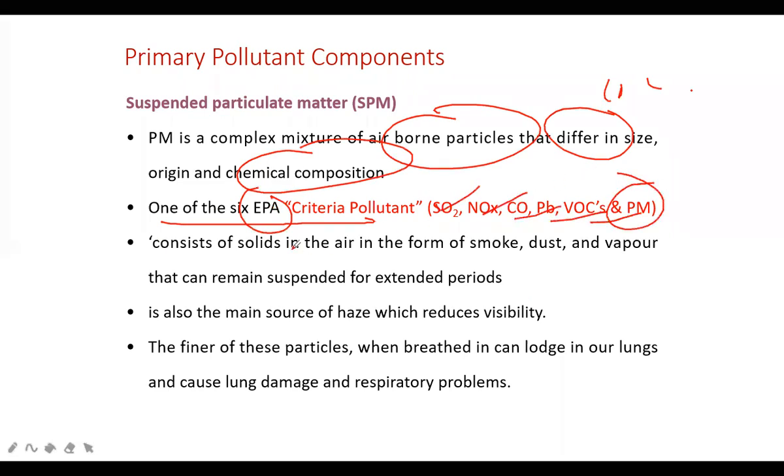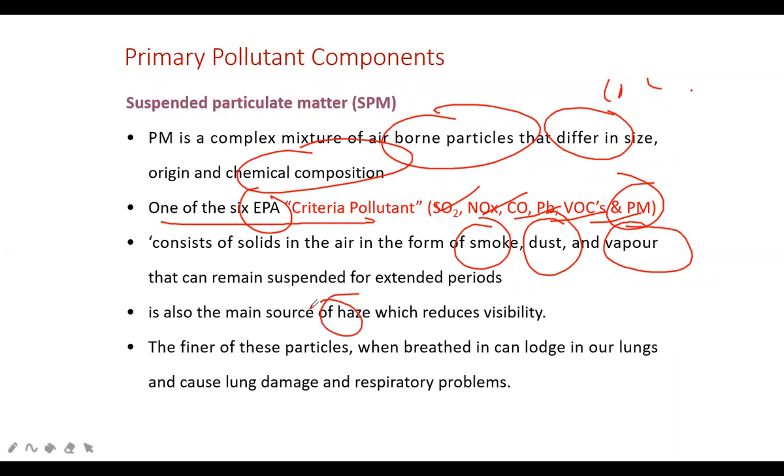So what is this? It consists of solids in air in the form of smoke, in the form of dust, in the form of vapor. And there's a bad part that they can keep suspended in the air or the atmosphere for extended periods of time. So this is going to produce haze with reduced visibility.